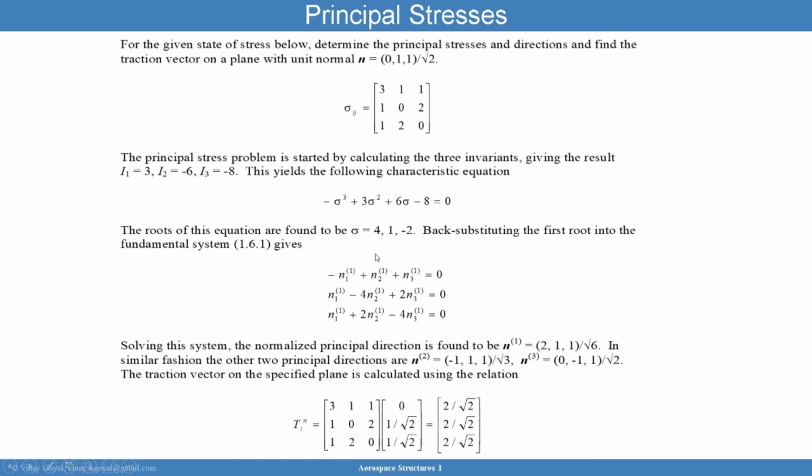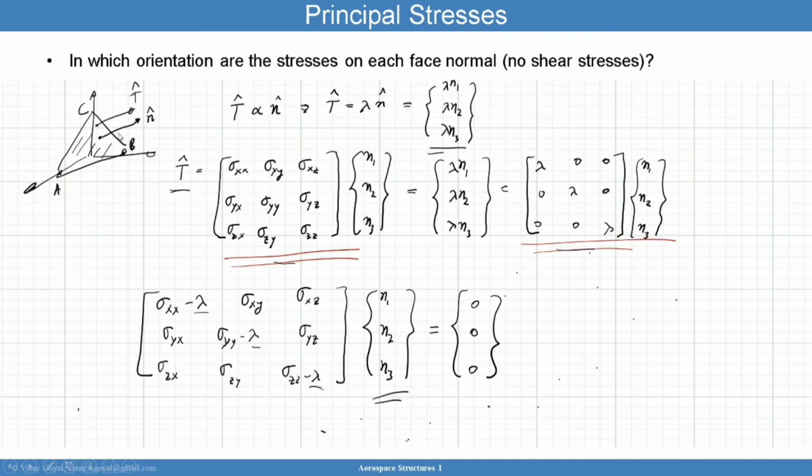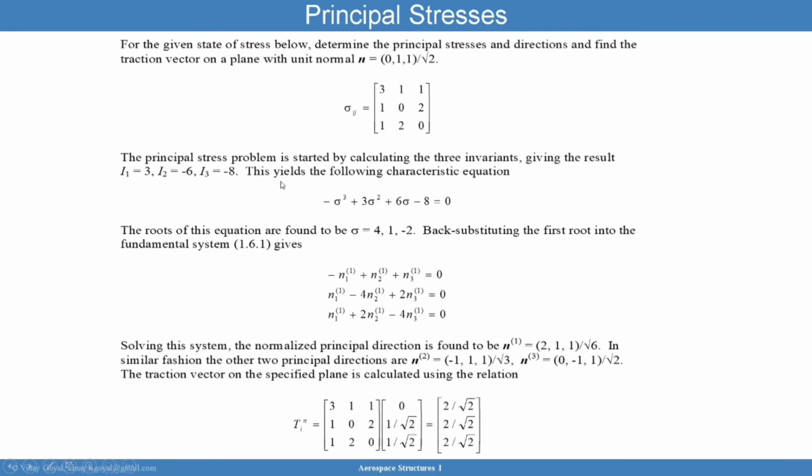And that entails solving this system of equations, knowing that I also have a unit vector. And so once I do that, I find the eigenvector, or the normal n, of the plane on which the traction only has a normal stress. And that normal stress is 4 in this case, and the normal vector n is this in this case.